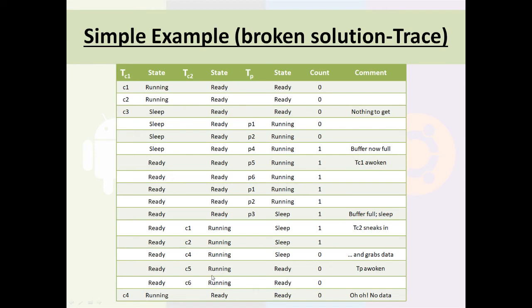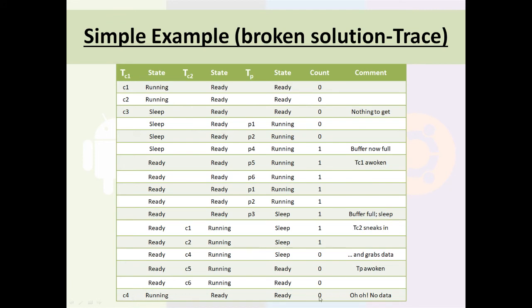But now what if we assume that TC1, that original thread that was sleeping, and sorry, it was sleeping, then put onto the ready list. What if we assume that just before returning from the wait, it reacquires a lock and then returns? It then calls C4, which is its get.